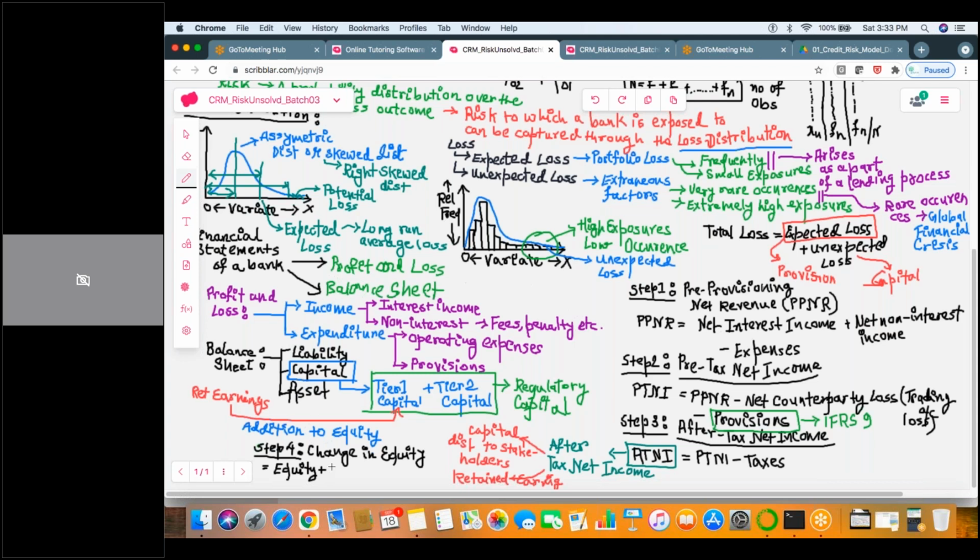To that, I add the after tax net income minus the payment to equity, or let me put it like this: reduction in equity due to, over here what I have is reduction in equity.